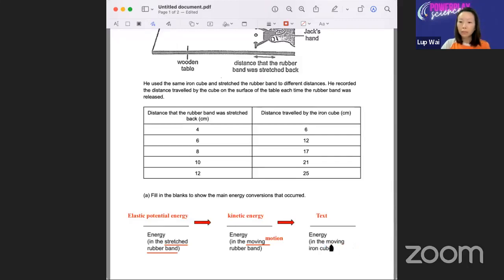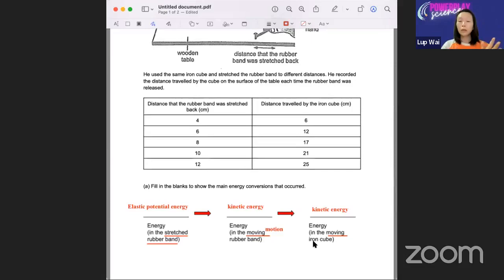Over here, another motion, right? With motion, you also know that is kinetic energy. So elastic potential energy is converted to kinetic energy and converted to kinetic energy again, because both of these are moving objects. All right, so I hope this one is clear.